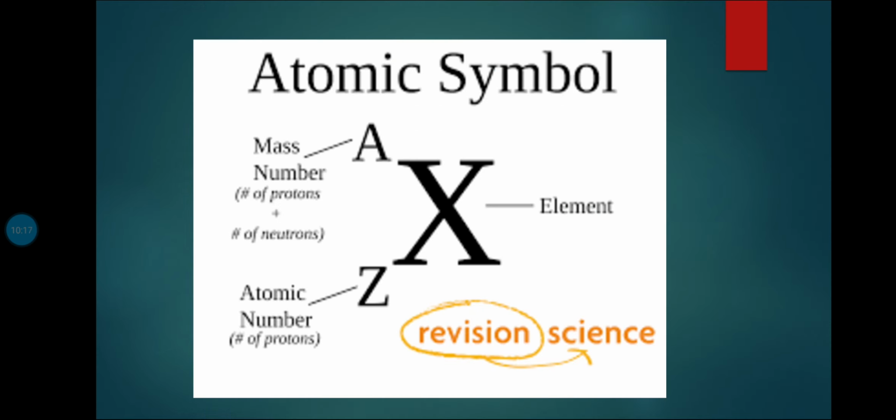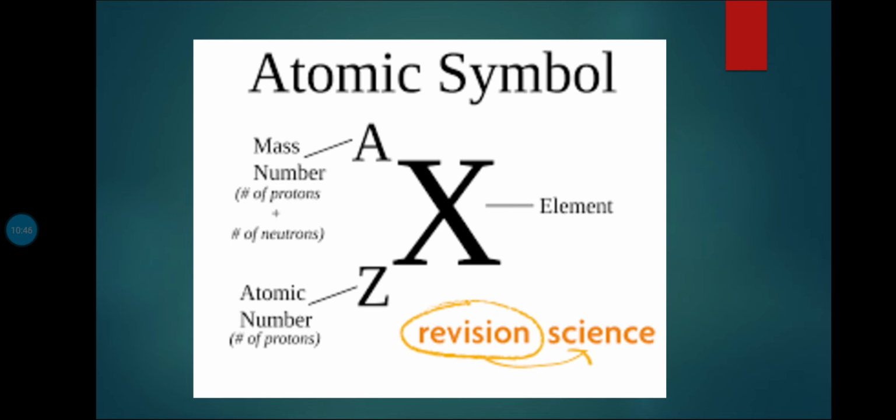To understand this alpha particle and beta particle emission, we have to know the atomic symbol. The X is a general representation; the symbol X represents the element. The A in the superscript indicates the mass number, which is nothing but the number of protons and the number of neutrons.